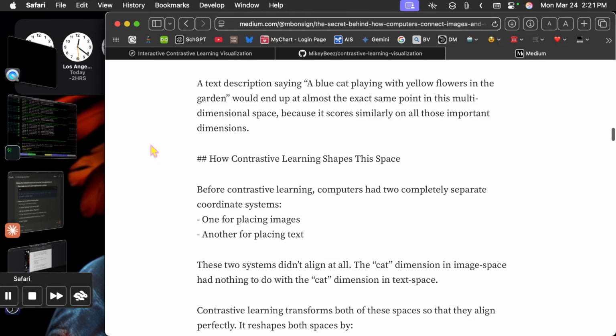A text description saying a blue cat playing with yellow flowers in the garden would end up at almost the exact same point in this multi-dimensional space, because it scores similarly on all those important dimensions.